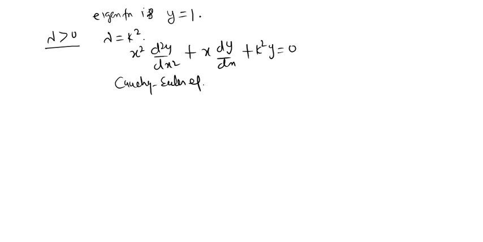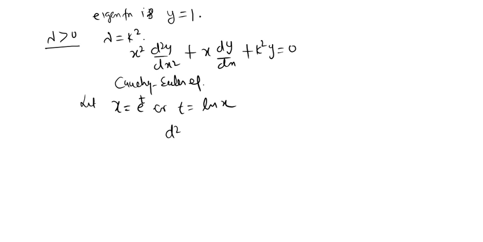So x square multiplied by y double derivative, x multiplied by y dash and a constant times y. This is the Cauchy Euler equation, and you can transform this equation into constant coefficients. So let x equal to e power t, and change the derivatives, or you can write t equal to log of x. I am skipping the details.